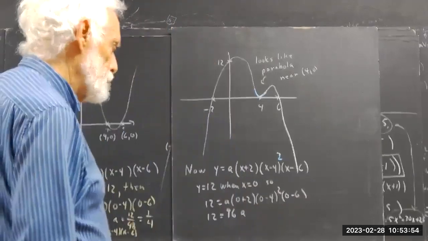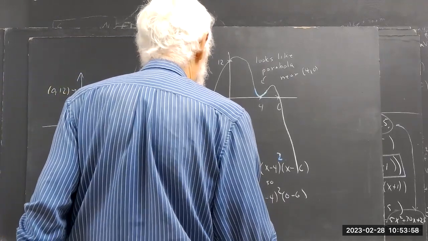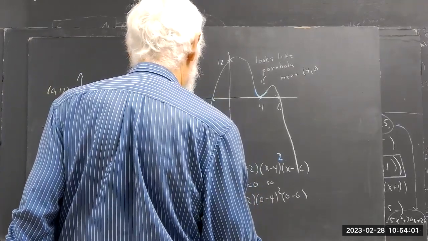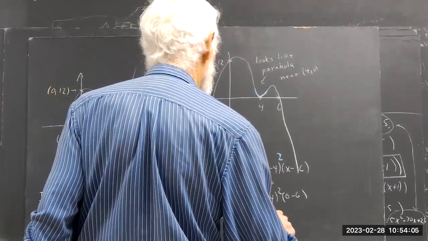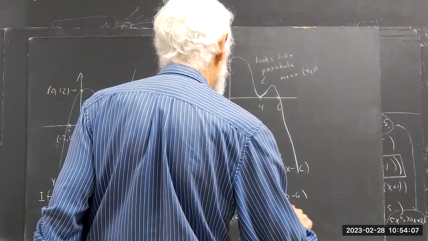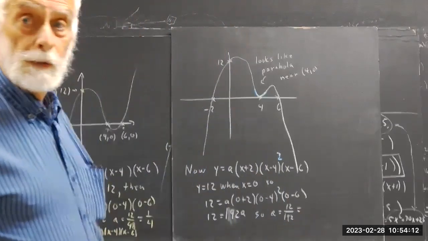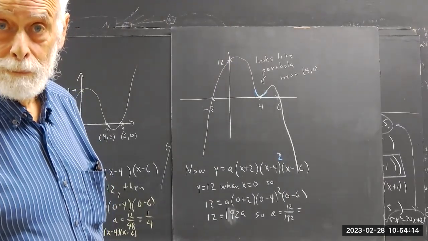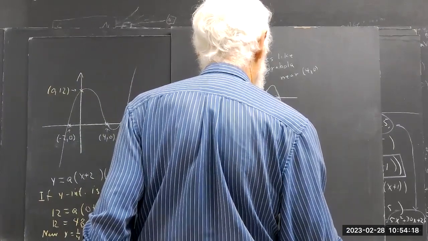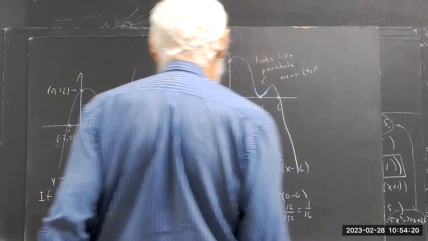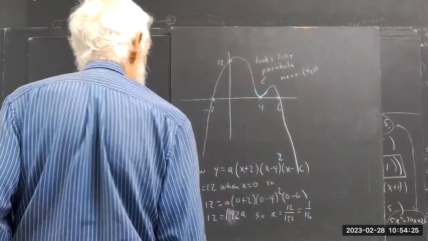Wait a minute. That's 8. No, that's 16. That's 32. Sorry, I'm going up the wrong way. That should be 192. And 12 over 192, which is 1/16. So we conclude that a is 1/16.